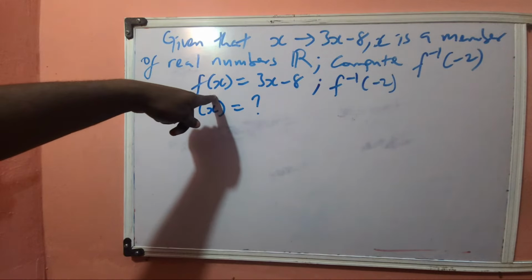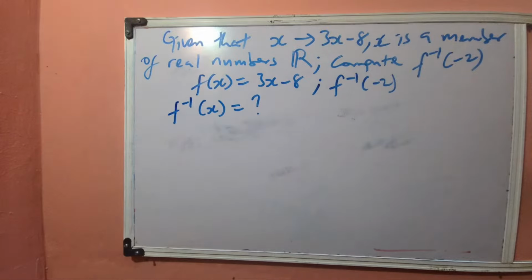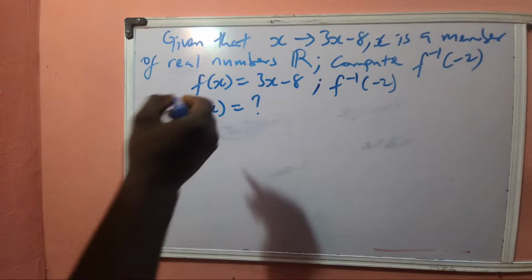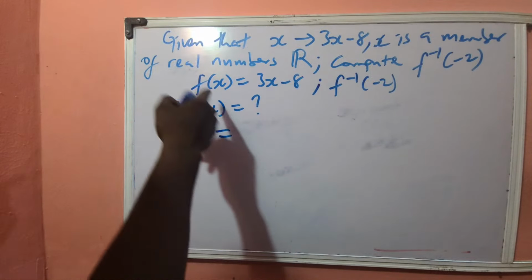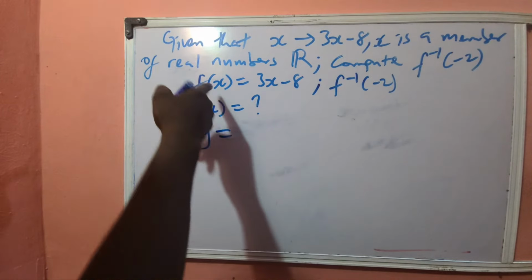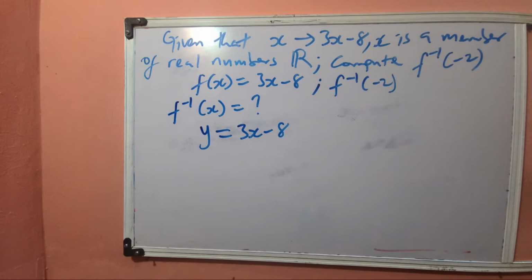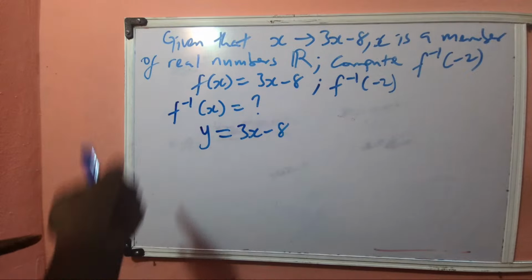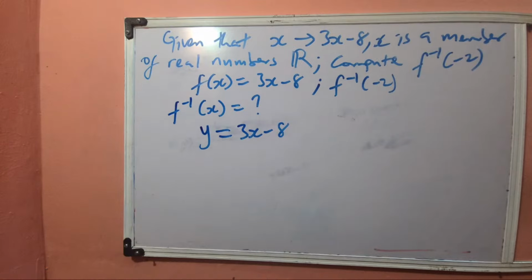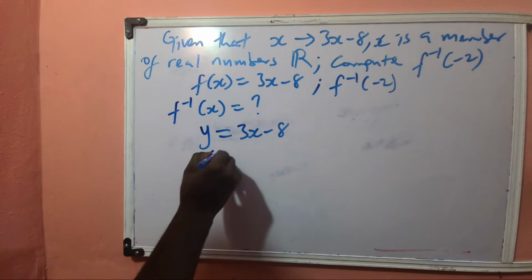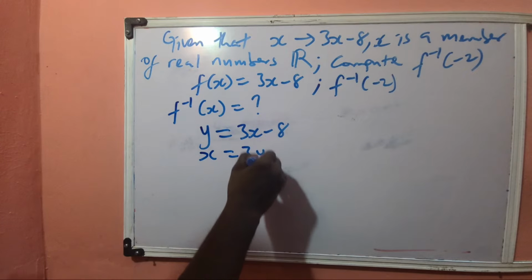So now that I have f of x equals 3x minus 8, the very first thing I want to do is to change. Don't forget, I gave you 4 different steps in order for you to solve any question on inverse functions. The first thing is to rewrite as a linear function. That means you change your f of x to y equals 3x minus 8. Then the next step is that wherever you saw y, you fix x there, and wherever you saw x, you fix y there. So wherever I saw y, I'm going to change it to x. Wherever I saw x, I'm going to change it to y.